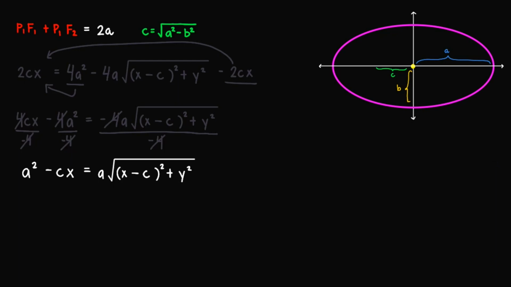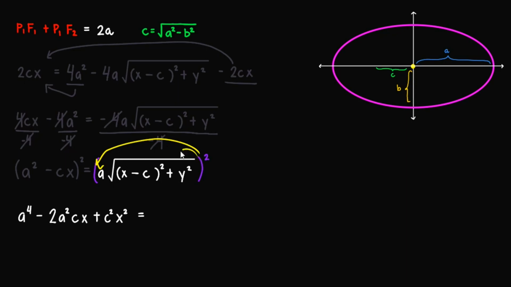And from here, what we do is we square both sides. So applying square of the binomial on the left side of the equation, we'll obtain a raised to 4 minus 2a squared cx plus c squared x squared. And on the right, so we just distribute this one here and then this one. So we'll have a squared, and then for this one, the radical sign will just cancel out.